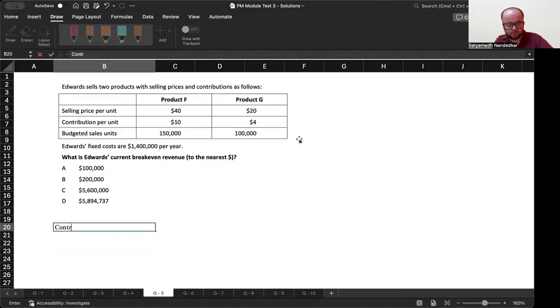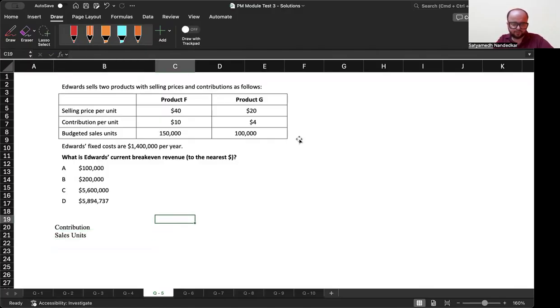Okay. So contribution, sales units, F and G. 1,50,000, 1 lakh. Sorry, that is the number of units. What is the contribution? 10 and 4.